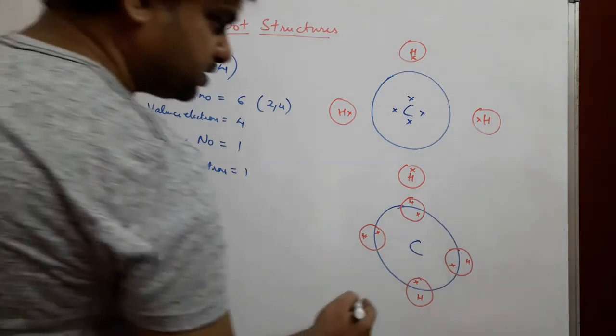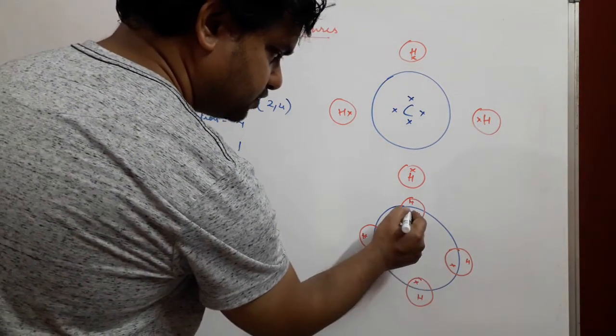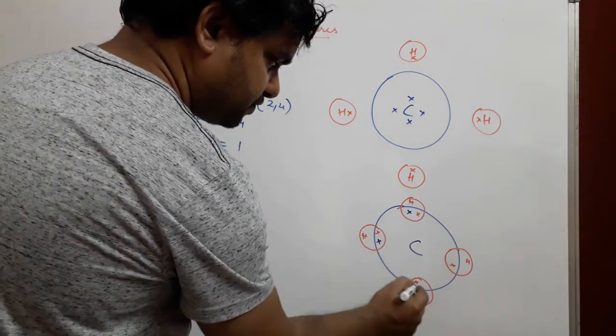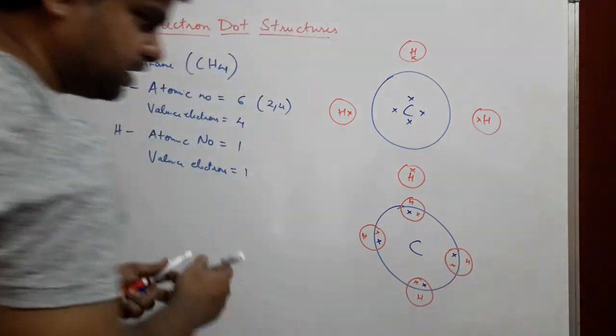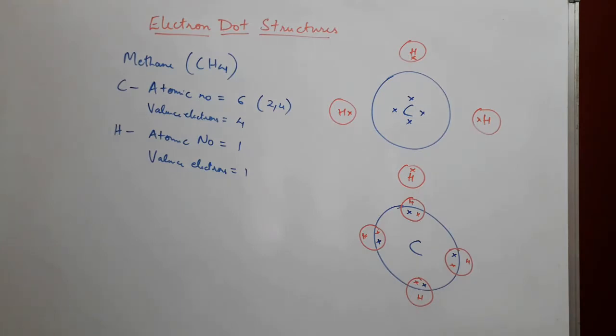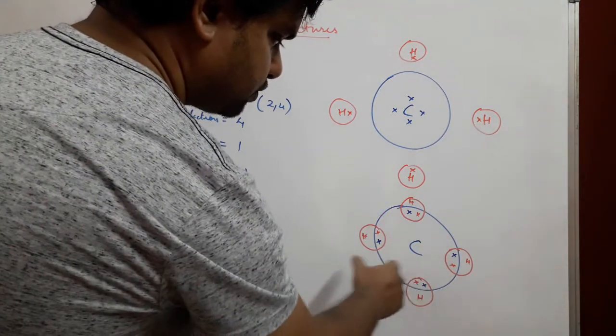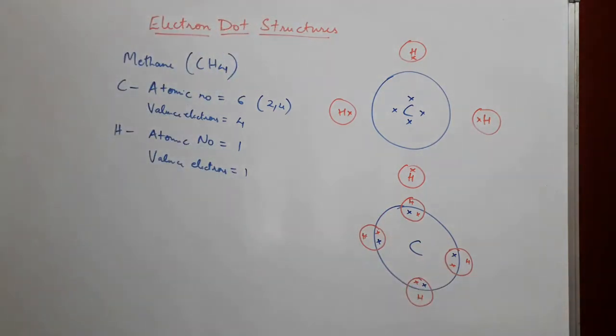And now we mark the electrons coming from carbon, which will be marked in blue. There are 4 of them, and these 4 electrons get shared with the electrons from the 4 hydrogen atoms.